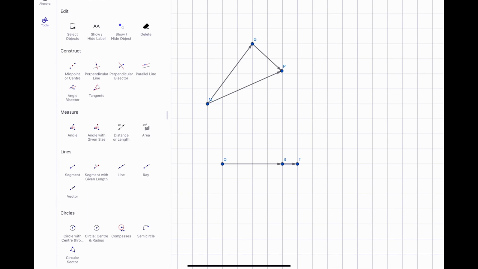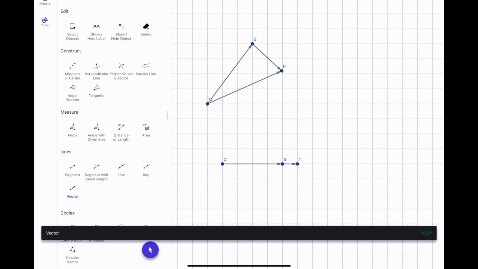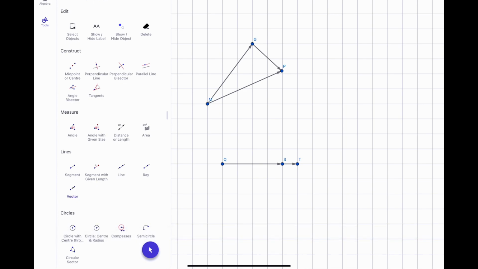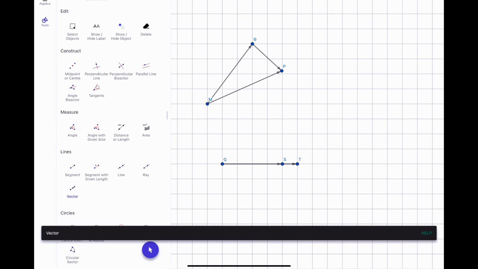And then what should I do? I need to connect point Q to point T, but I have to put the tip of the arrow at the final point. Yes? So it doesn't draw now, I don't know why.